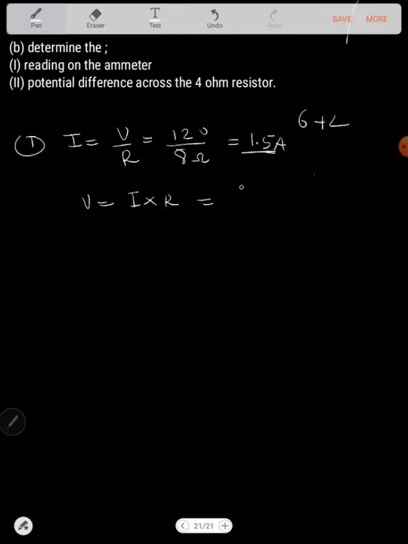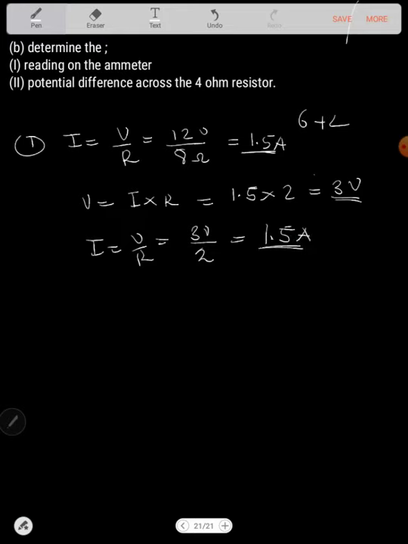Since our current is 1.5 times the resistance in those two, which is 2, that gives us 3 volts. Since this is the voltage across those two, now we can find our current, equal to voltage over resistance. Voltage in this case is 3 volts, resistance, remember, is 2. So that gives us 1.5 amperes.